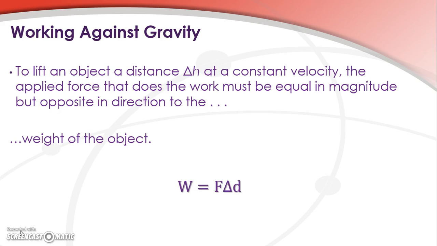And so we can say, with work equaling force times distance from previous, if we consider the force to be equal to the weight of the object, the force is just equal to mg. So we can convert force times the change in distance to mass times gravitational pull times the height that the object is lifted. It's a pretty simple substitution.